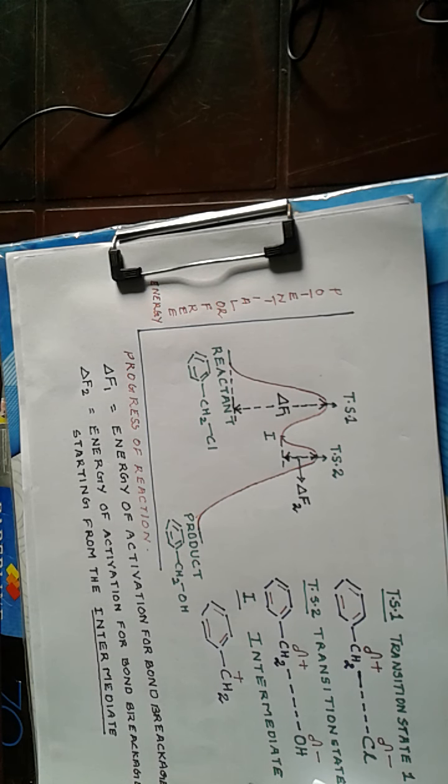When a benzyl carbocation is attacked by a hydroxide ion, there again initially a transition state is formed.